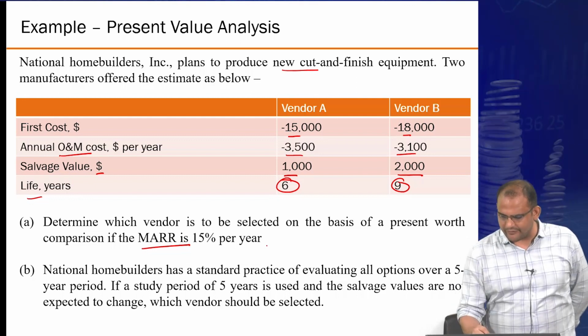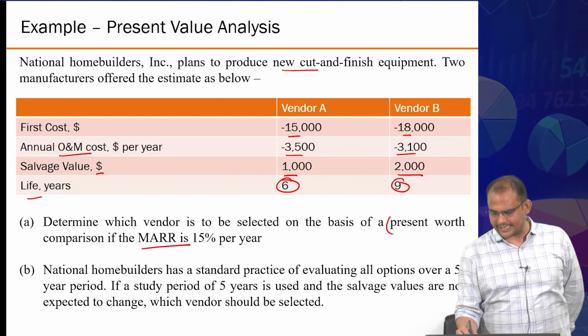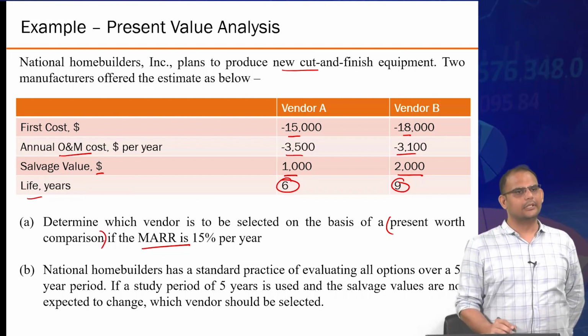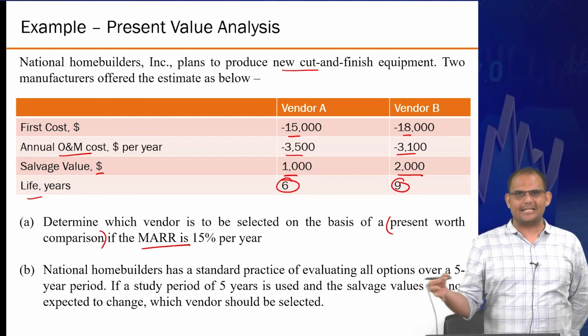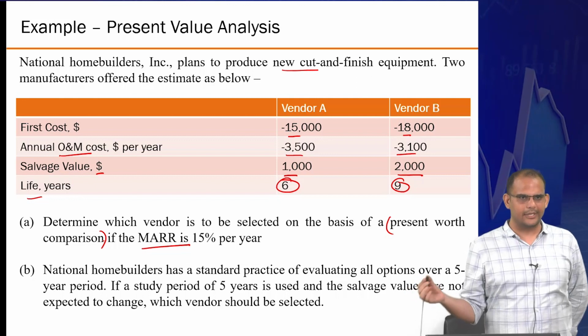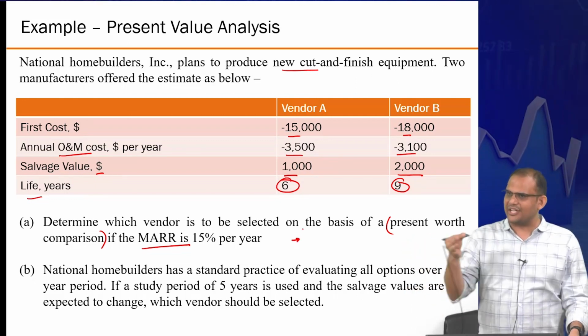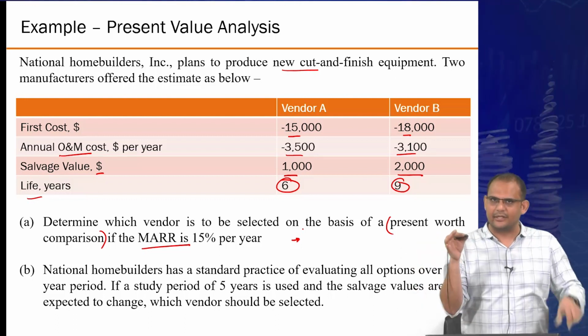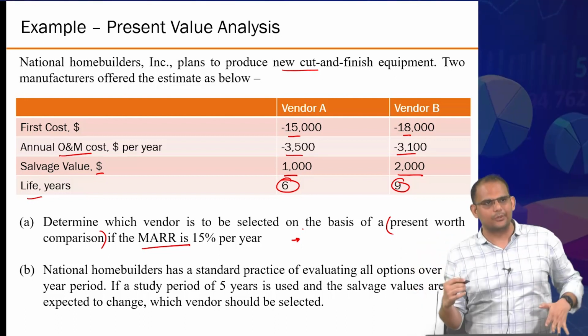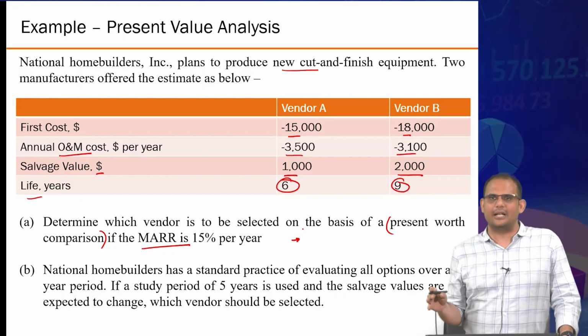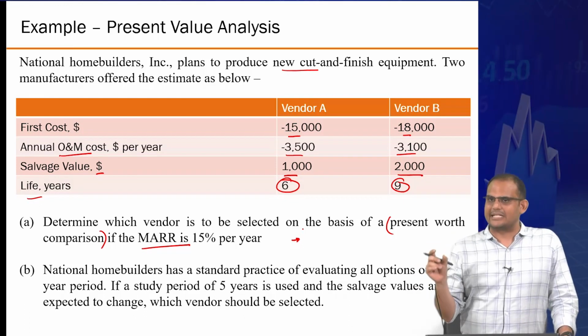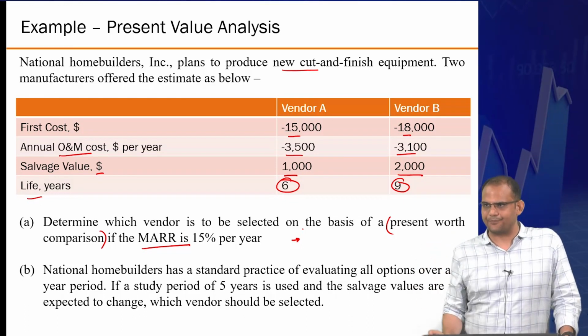When I am not giving you any other information, all I am saying is a present worth comparison. By default, we go to the LCM side. Only if I mention anything about a planning horizon, or about the salvage value and a fixed time period, then you need to do that. By default, present worth analysis means LCM of two unequal lives.